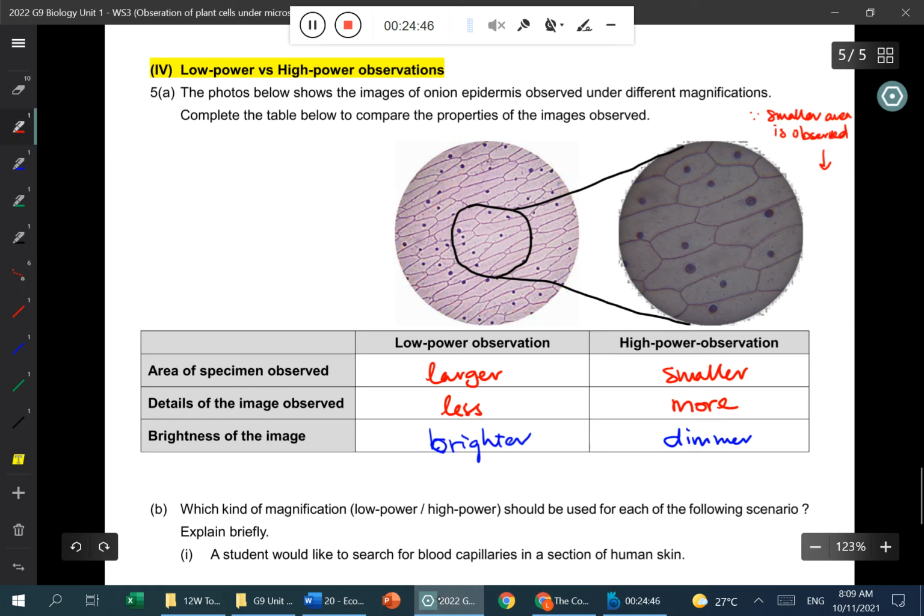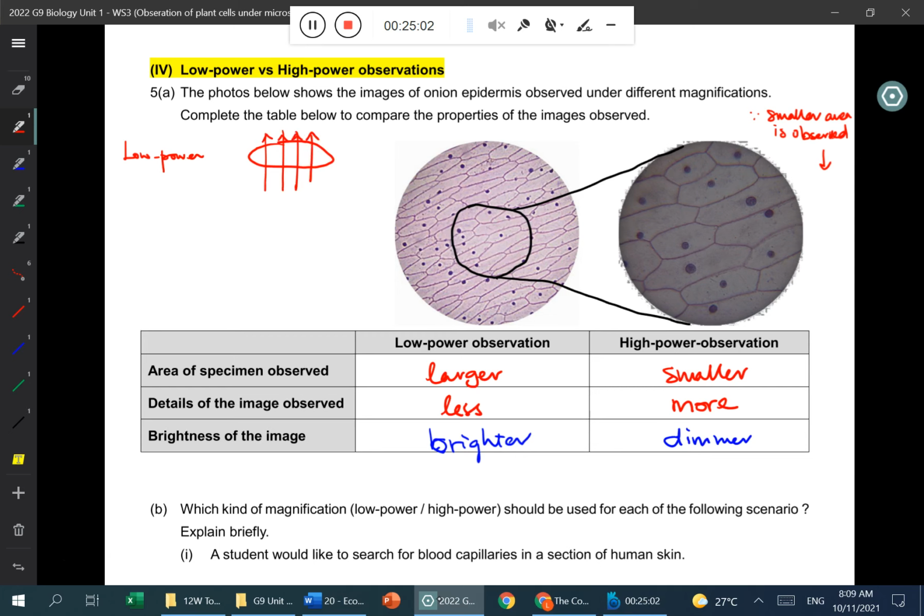So in low power situation, it means that a greater area allows light to pass through. In this case, you can expect the image to be brighter.